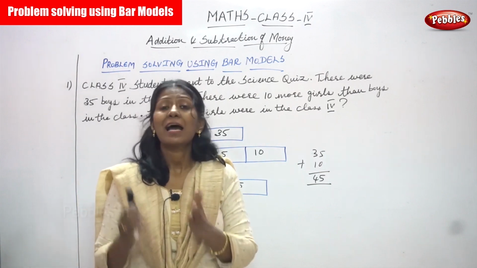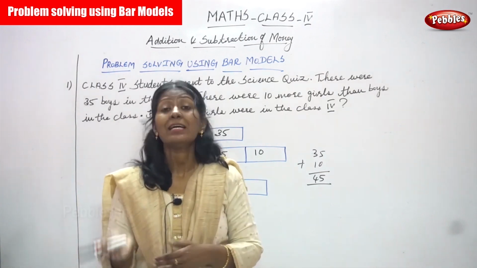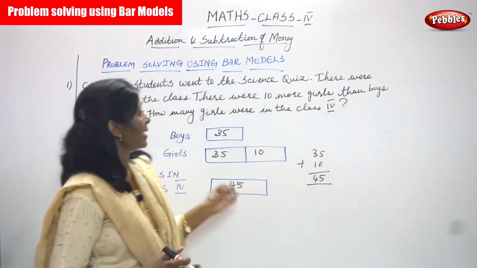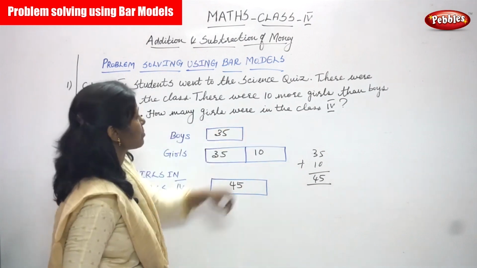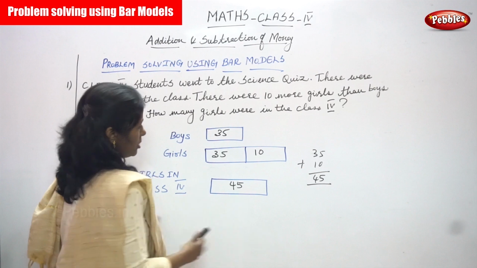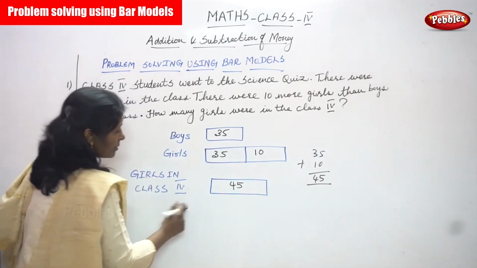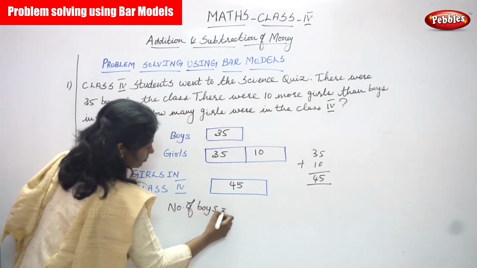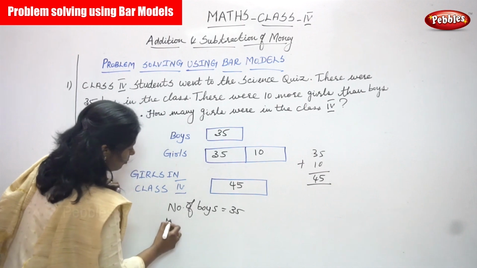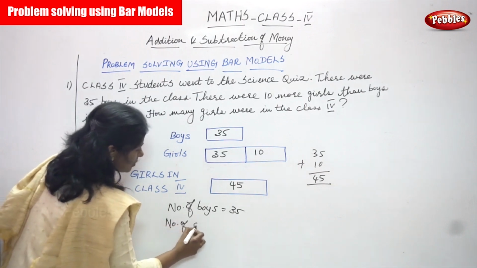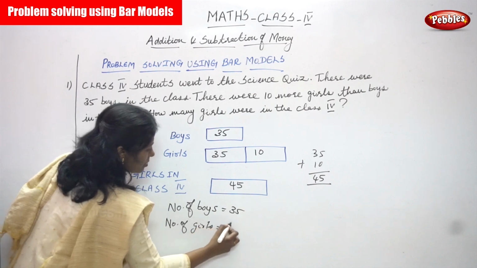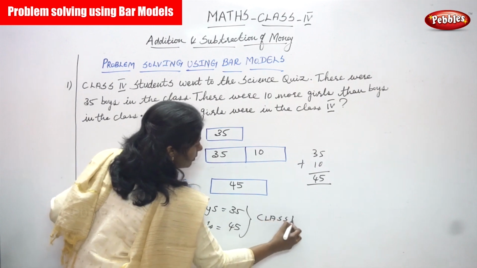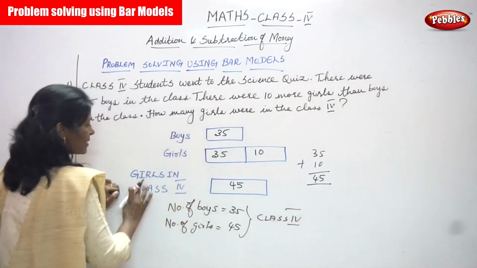So 45 girls and 35 boys. The number of boys is 35, the number of girls is 45. Overall, the girls in class 4 are 45 students.